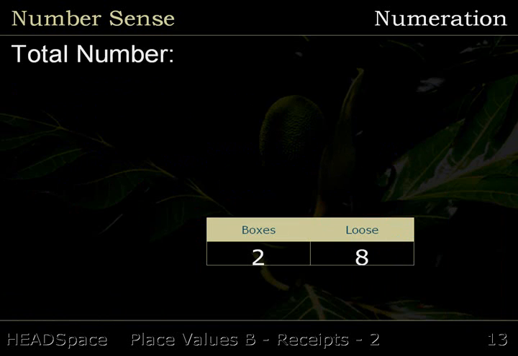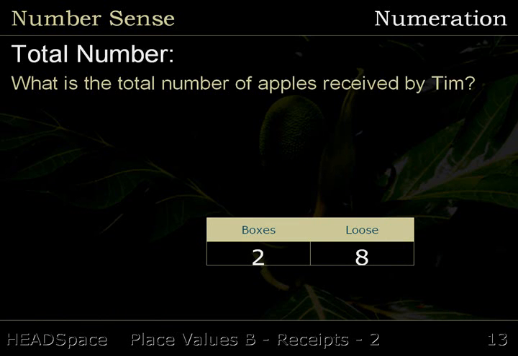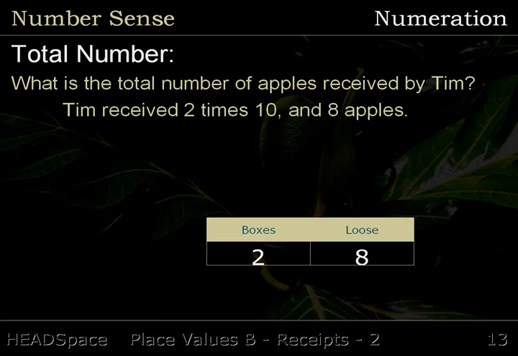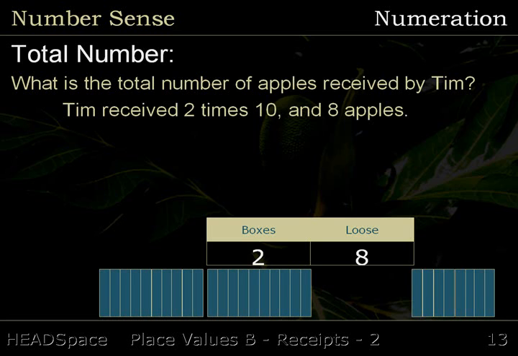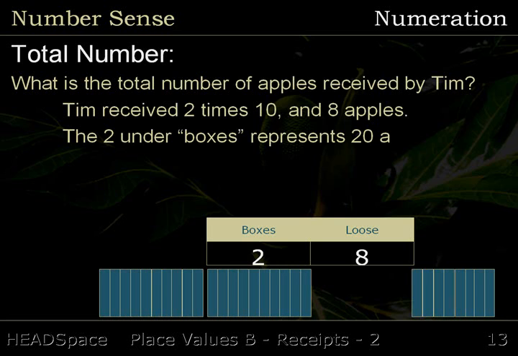Total number. What is the total number of apples received by Tim? Tim received 2 times 10 and 8 apples. The 2 under boxes represents 20 apples.